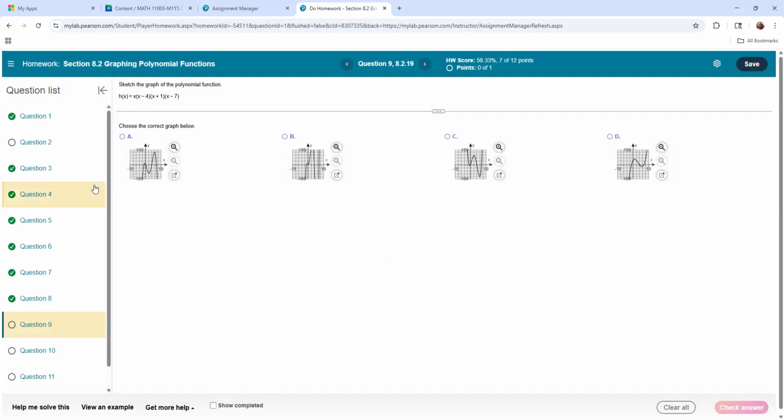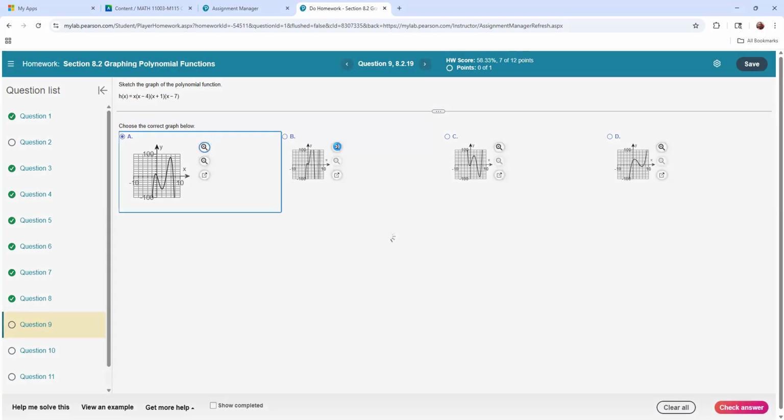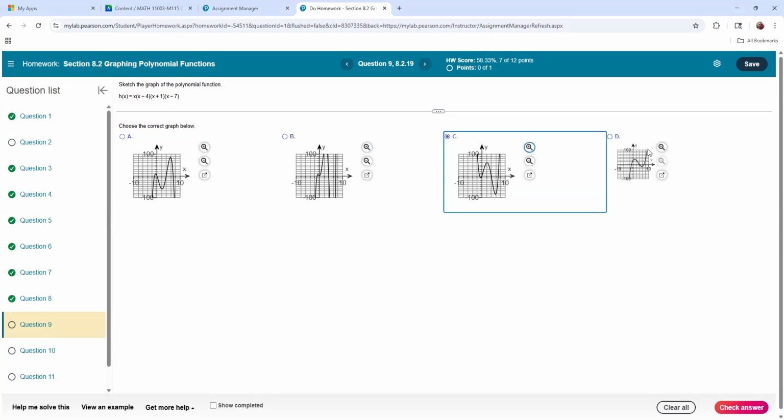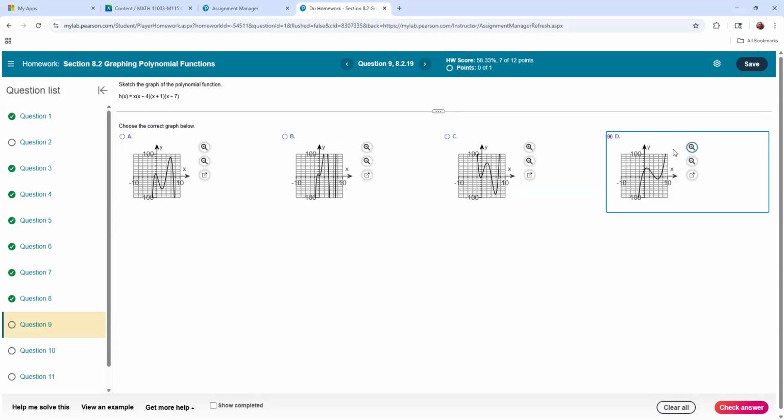All right, y'all look at this one. Now it's a little bit crazier on this one, but I'll tell y'all a trick.